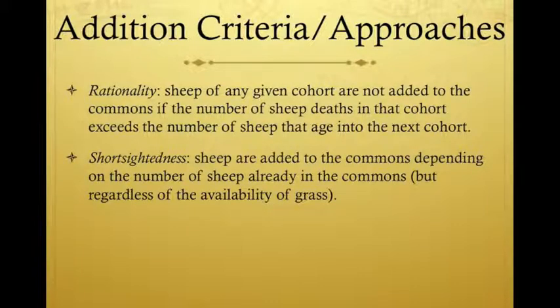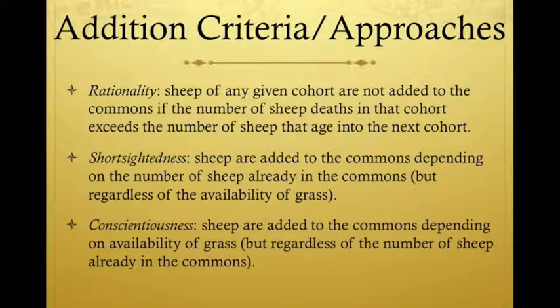Why don't we add some more? But this approach doesn't take into account the availability of grass. And sheep might be doing okay, but if you add more, then maybe the grass will run out quicker. So this is the short-sighted approach. In more colloquial terms, it's the take-it-while-you-can approach. If the grass is there, let's just grab it while it's there.